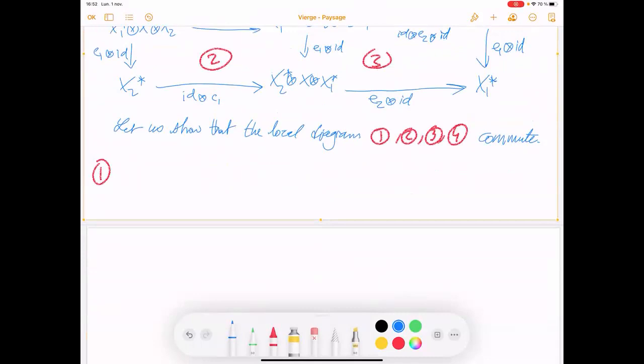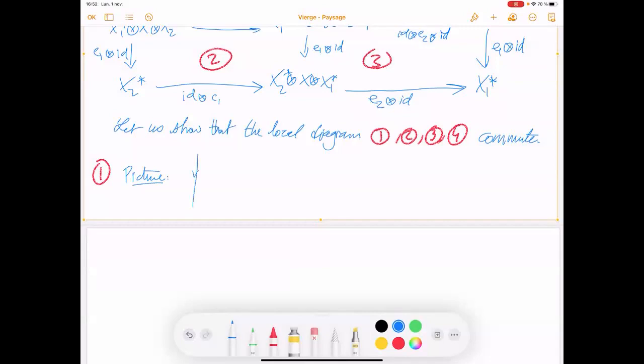But I have no time, so I will show maybe the picture, and tomorrow we will see it formally.